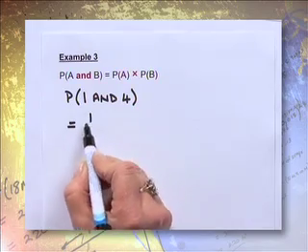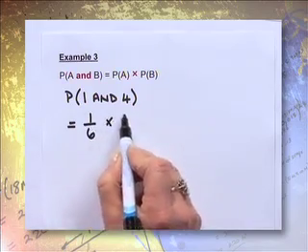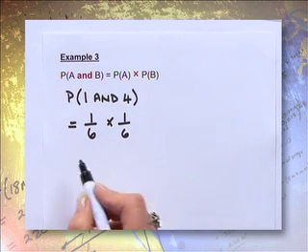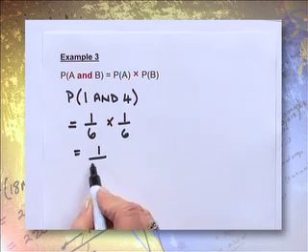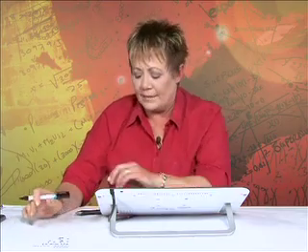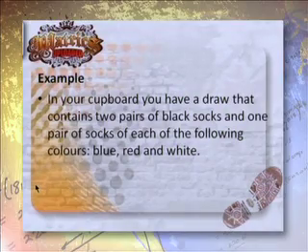So how many numbers do we have on our die? We've got 6. So this one is going to be 1 over 6, and the probability of getting a 4 on your second is also 1 over 6. And that gives us 1 over 36. Remember, you can leave it as a fraction. You don't have to change it into a decimal or a percentage. Let's have a look at another example.